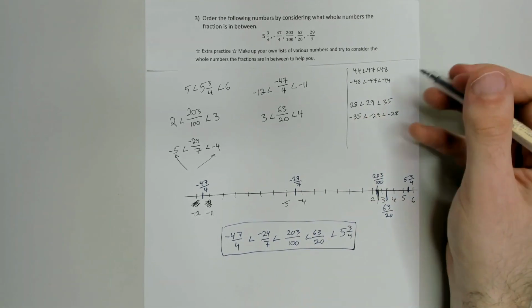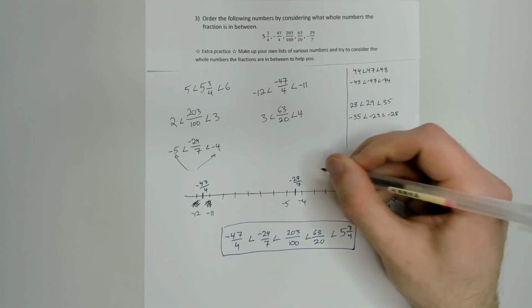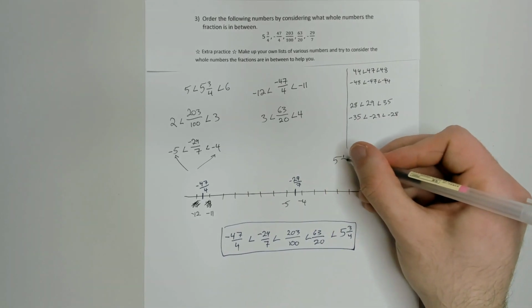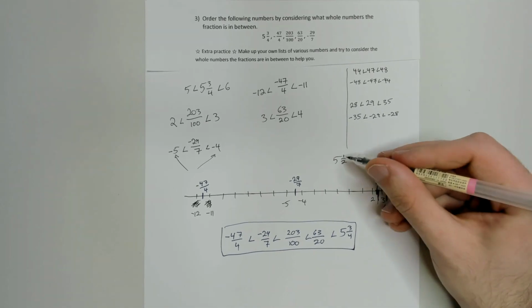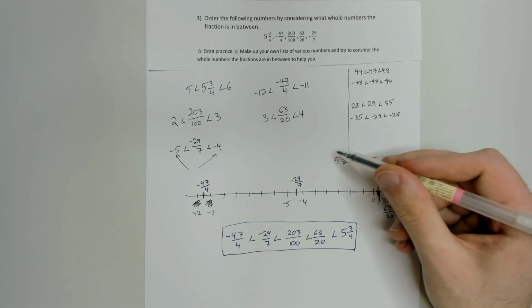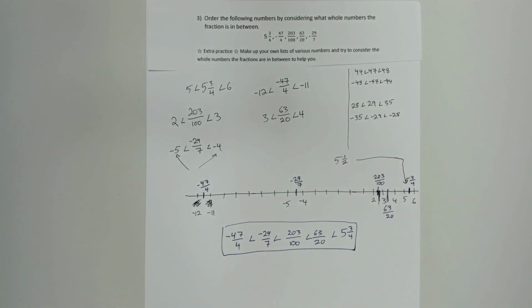Like what if I took a fraction like 5 and a half? So 5 and a half is also between 5 and 6. So then we would still have to compare 5 and a half and 5 and 3/4. So then you might have to use one of those common denominator or numerator techniques in order to compare them properly. But this still gives us a way to compare a lot of our fractions, and maybe gives us a faster way of doing it.